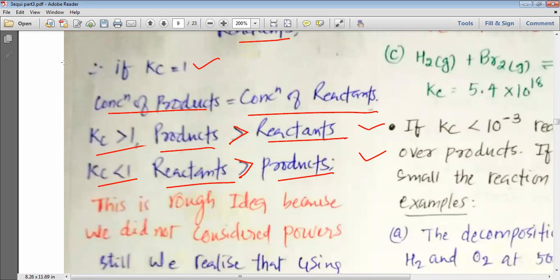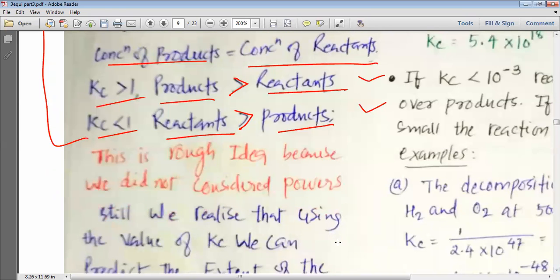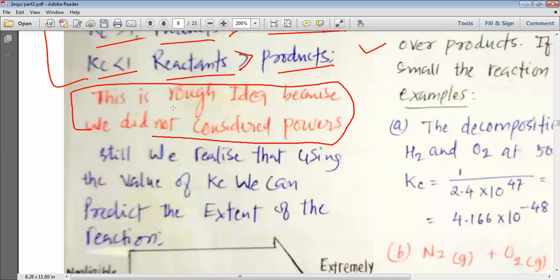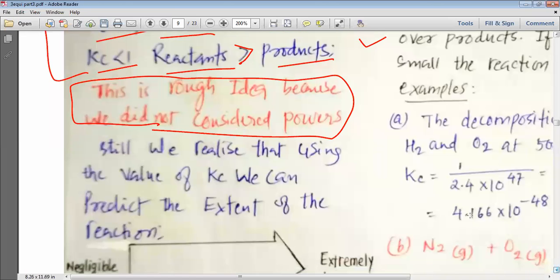But this is not the mathematical way, this is just a rough idea, because we do not consider the powers or the stoichiometric coefficients in this calculation.